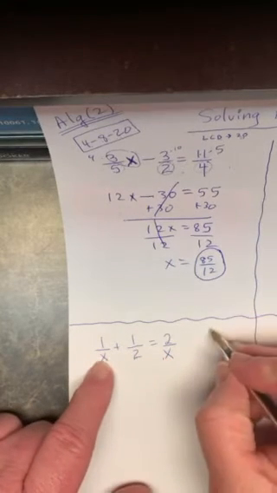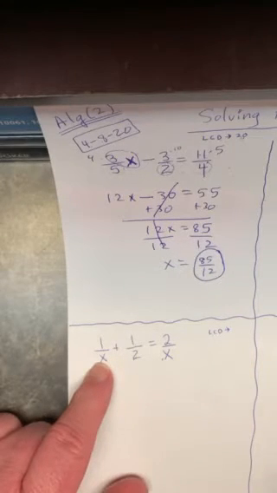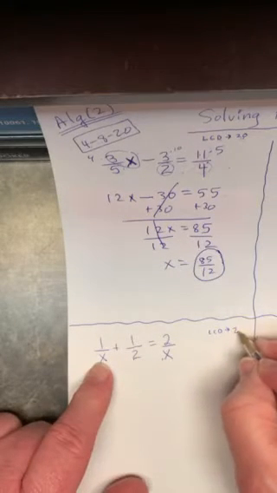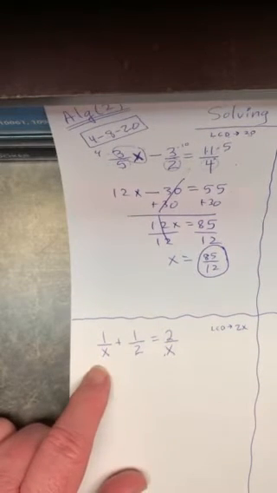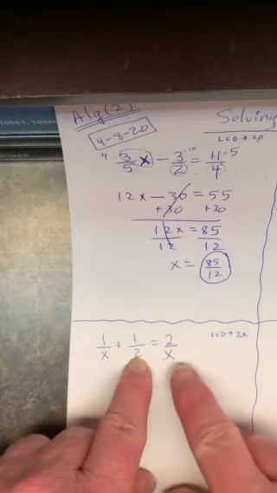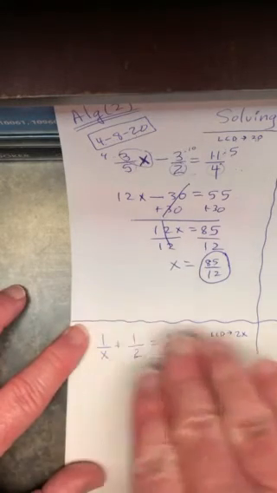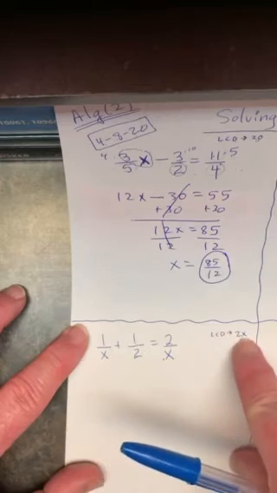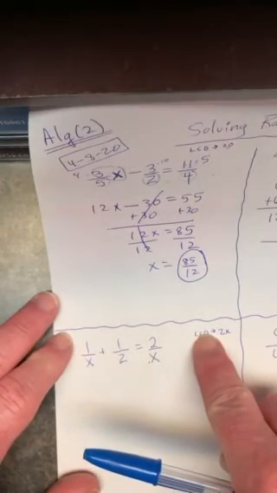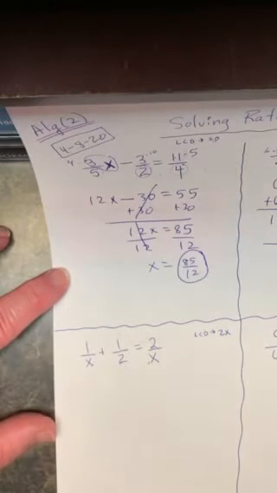So guys, when I say what's the least common denominator, isn't the least common denominator 2x? Oh, there's a 2 on the bottom, and there's an x also on the bottom. So on the bottom of all those fractions, I see a 2 and an x. So my least common denominator is 2x. Do not make this difficult.